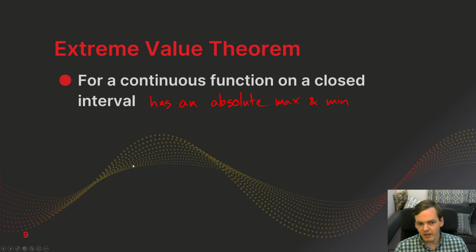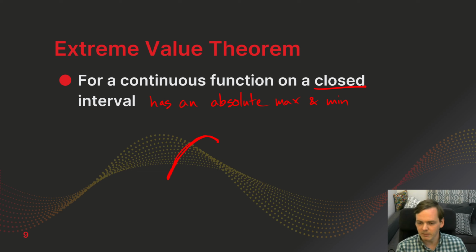So the extreme value theorem says if it is on a closed interval, then by having those endpoints, there has to be one of those points that's the biggest and one of those points that's the smallest. So if both of your endpoints are defined, there has to be some number or some numbers along there that's the biggest number, and there has to be some number or some numbers along there that's the smallest.